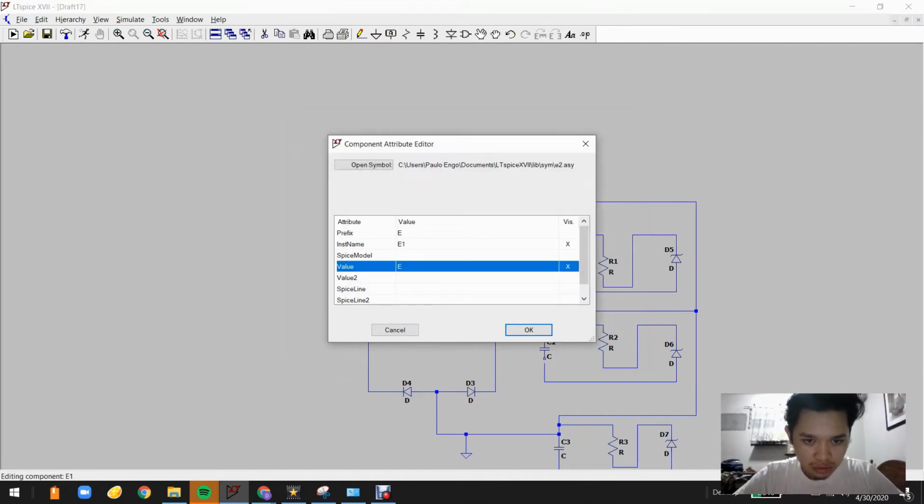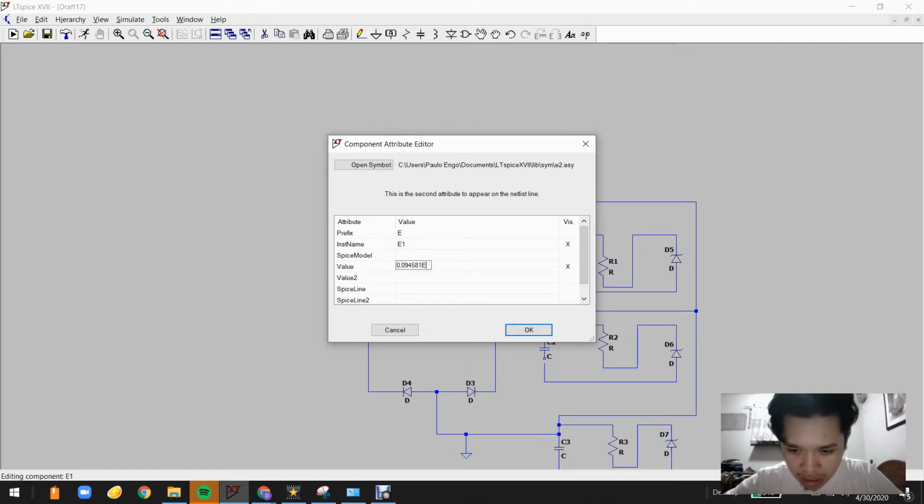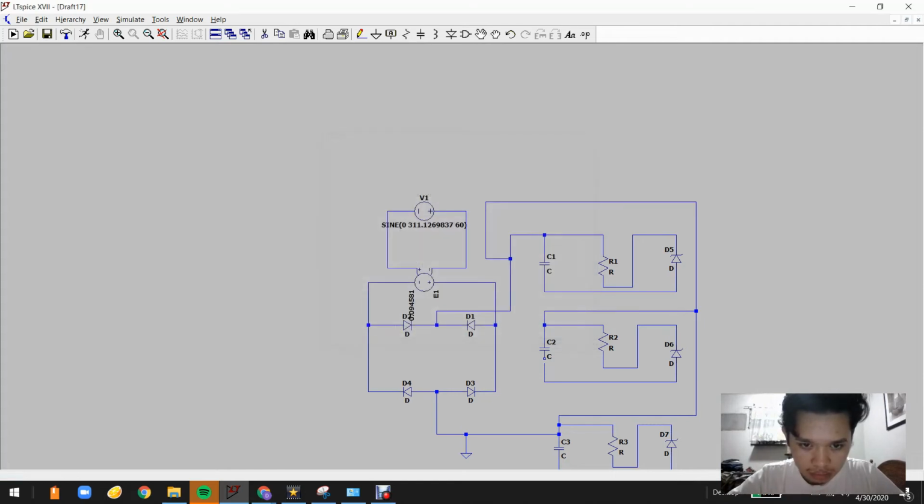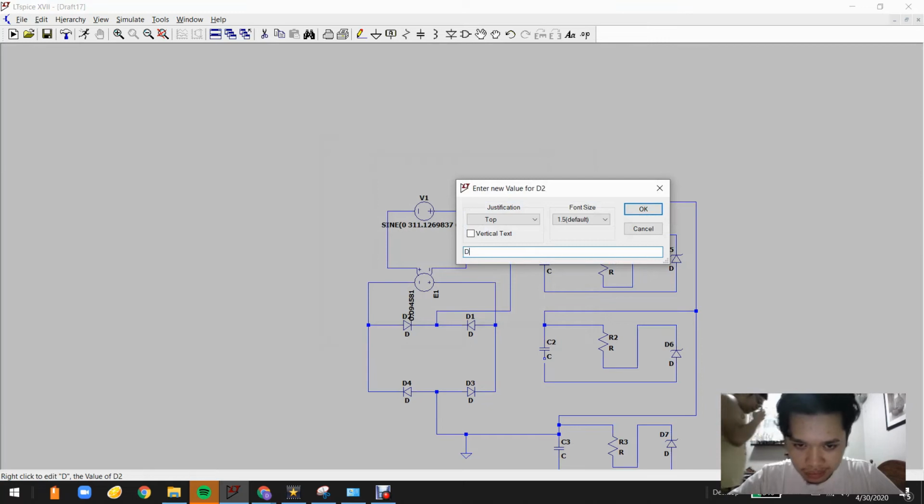For this one, its value is gonna be 0.094581 without the E. Now this diode would become 1N4001.